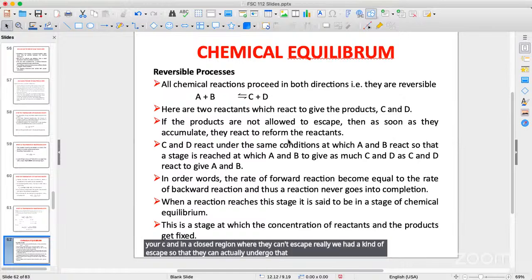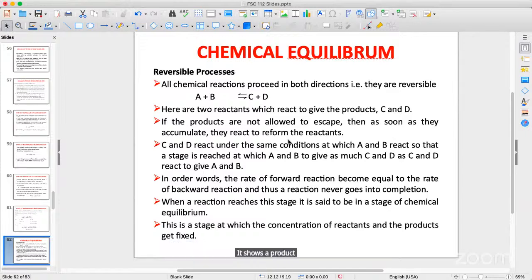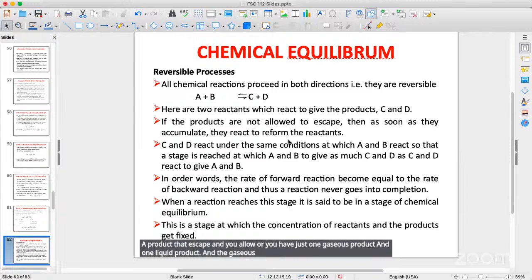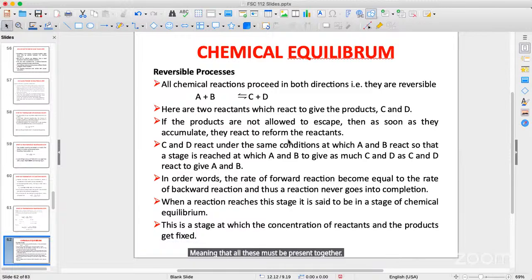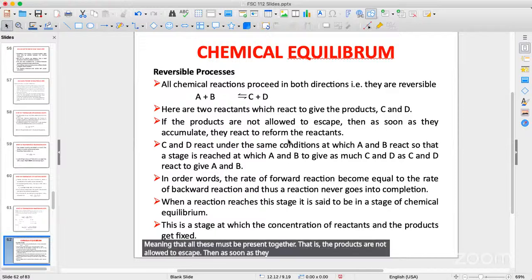If you have a gaseous product that escapes, and you have just one gaseous product and one liquid product, and the gaseous product is allowed to escape, of course, you won't have this. All of this must be present together. That is, the products are not allowed to escape. Then as soon as they accumulate, they start reacting to form the reactants back.